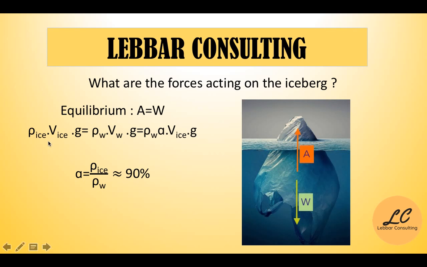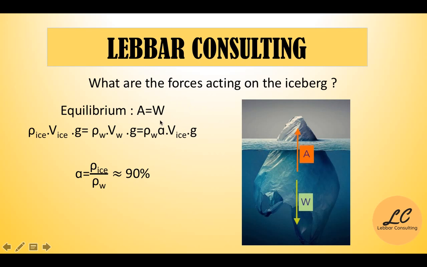When you do this, it will give us the weight of the iceberg, which is equal to the buoyant force, which is the Archimedes force. From here, we can just remove the acceleration of gravity on both sides. We also have the volume of the iceberg on both sides.